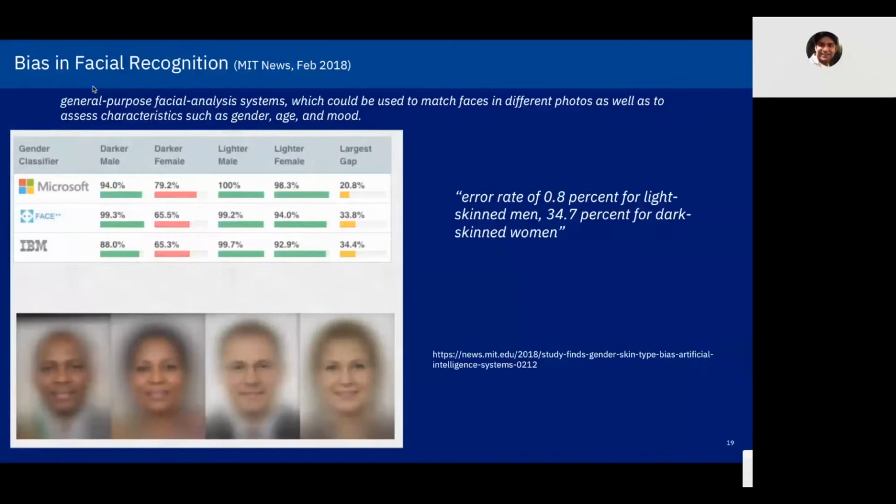So the two factors where you see the model being biased are based on race as well as based on sex. And it's consistent throughout all the vendors. IBM, in fact, had the largest gap in that particular case. This is something we have made sure we are addressing on our end at a very rapid pace.